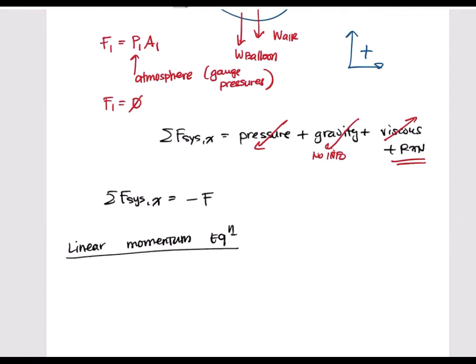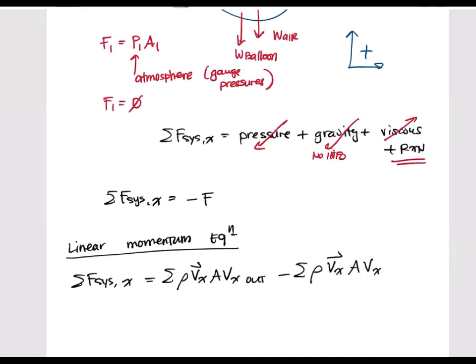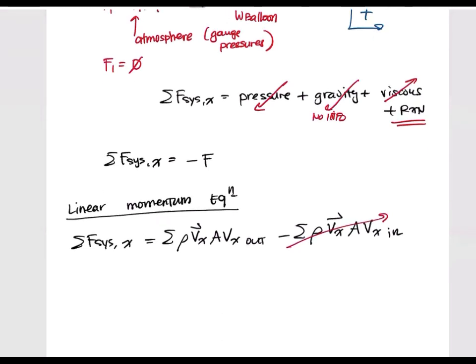Okay, so we have our sum of forces onto the system in the x direction is equal to the sum of rho times directional velocity x magnitude velocity x A out, minus the sum of density times directional velocity x magnitude velocity x A in. We have no in components, only out, which is at 1, okay?